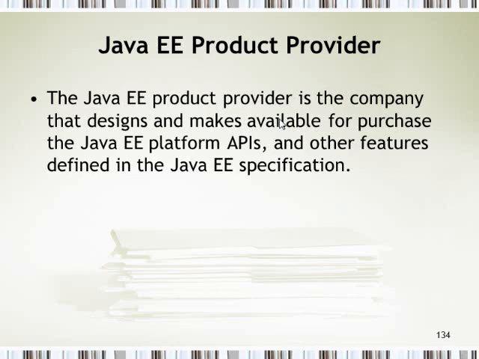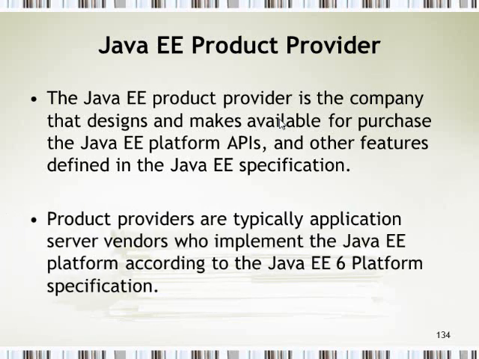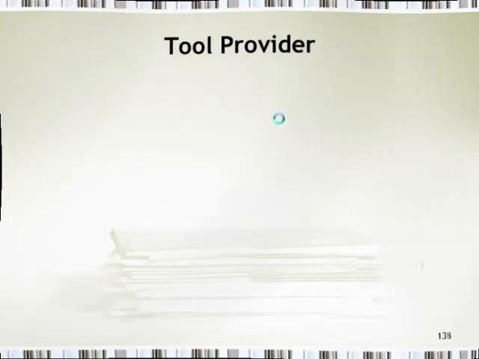They may have some extra classes with them, that's a different thing, but the standard specification which Sun Microsystems has given for Java EE will be strictly followed by those developers. So if you are in this team, you are usually called the product provider. Usually these are the server vendors. They provide you the Java EE platform altogether.